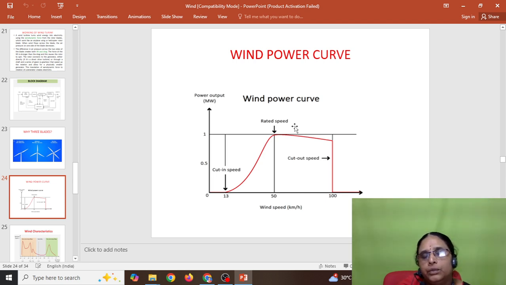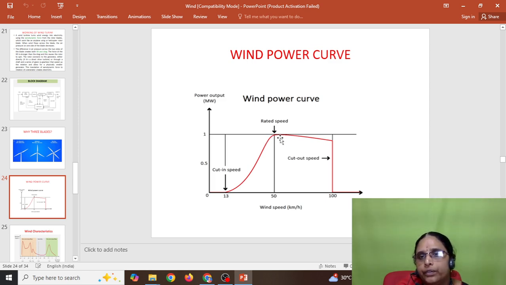This is the wind power curve, which is drawn between the power output and wind speed. When the wind speed is 13 km/h, that is called the cut-in speed. The wind turbine rotates and produces electrical energy. When the wind speed is 50 km/h, we get the rated speed, and at that speed we get maximum power.